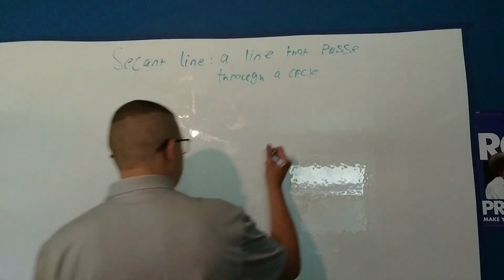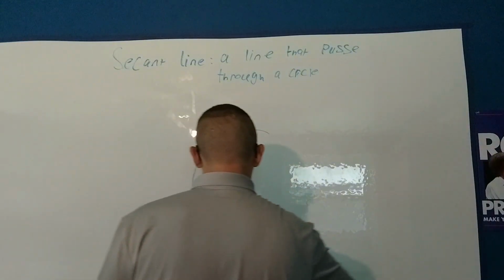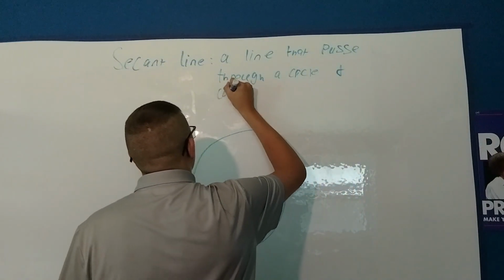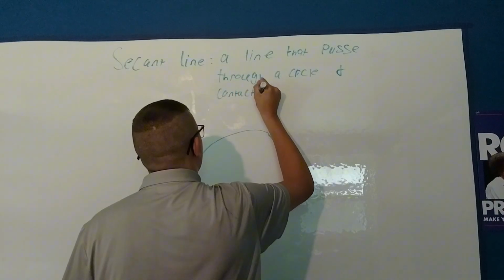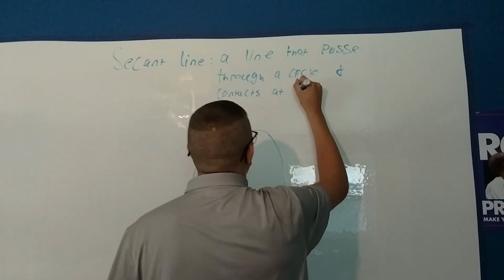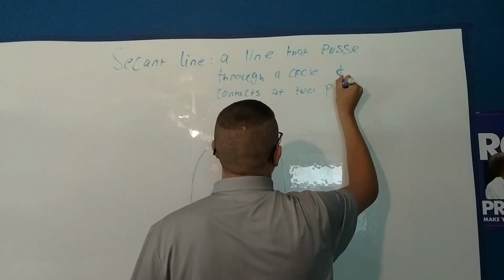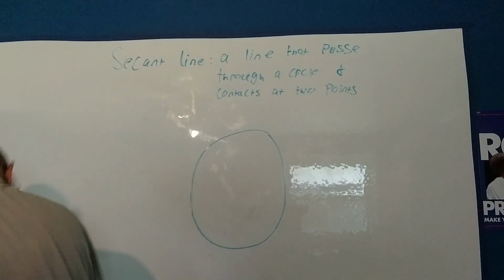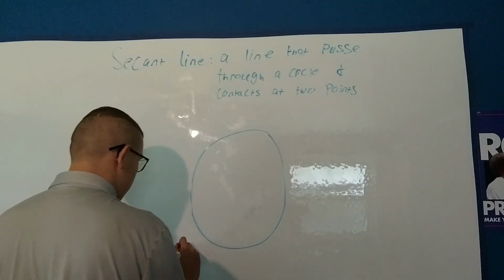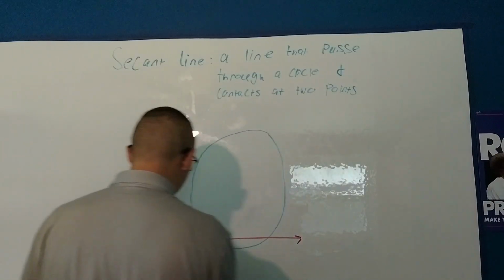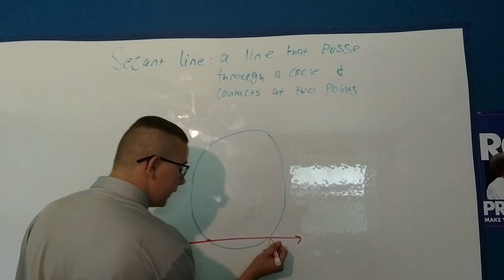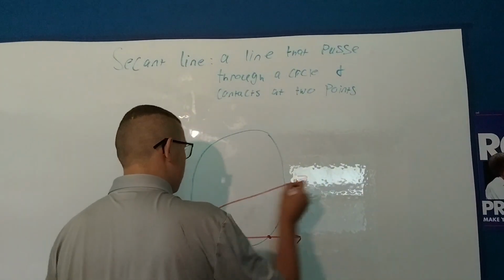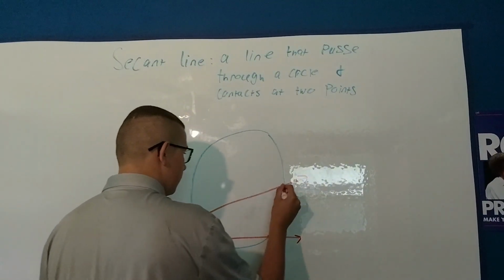So what that looks like is like the opposite of a tangent line, and it contacts at two points. So what that looks like is like that, where it goes through and it touches it twice right there.